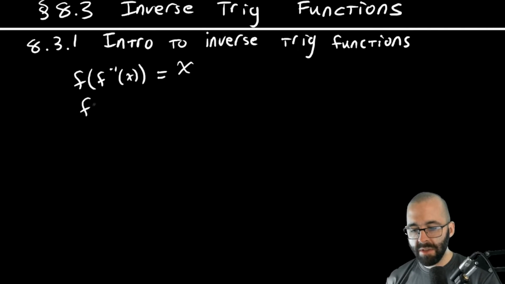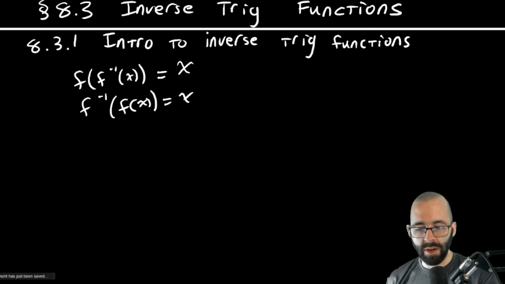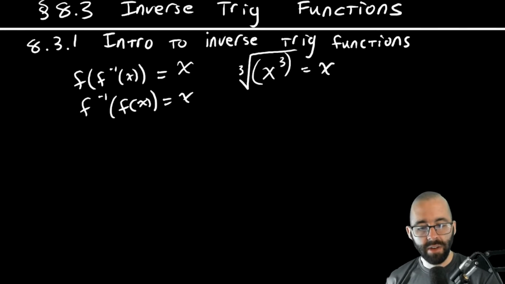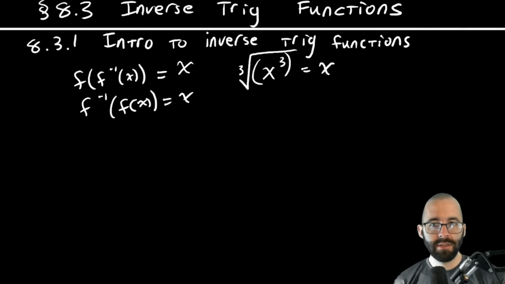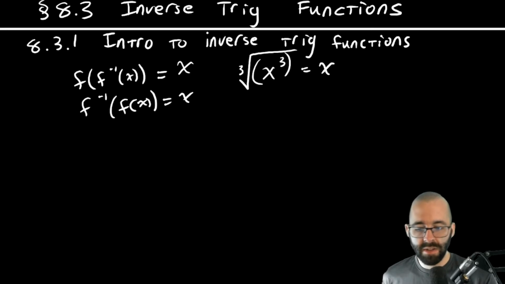And f inverse of f of x should also undo each other in any order. We can see this in a couple of different ways. For example, if I cube something and then take the cubed root, these cancel each other out. We always just get the original input. So that's what inverse functions are all about.